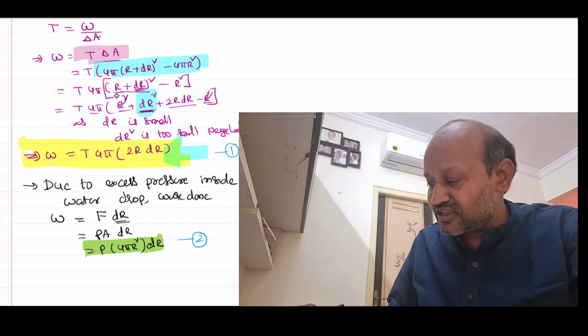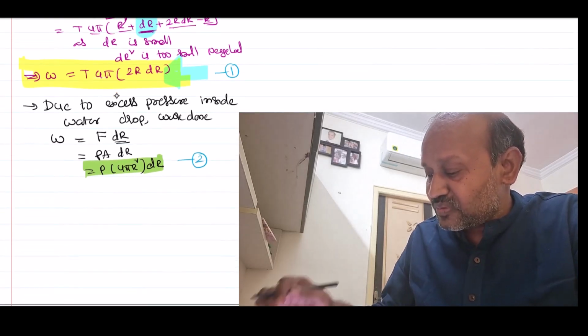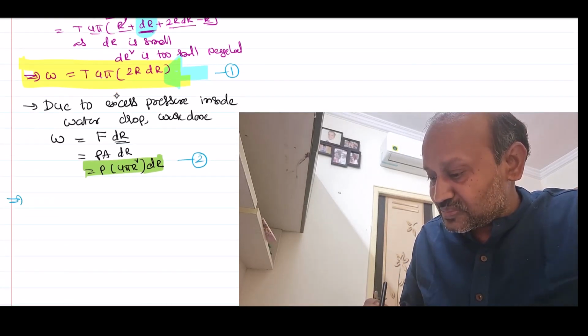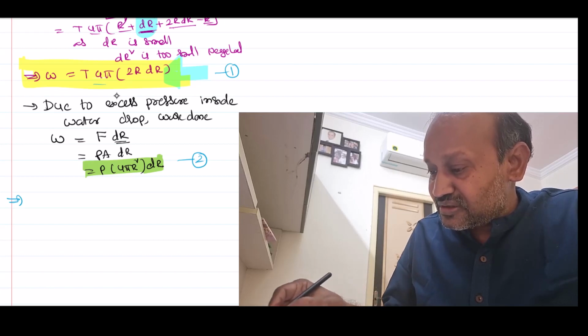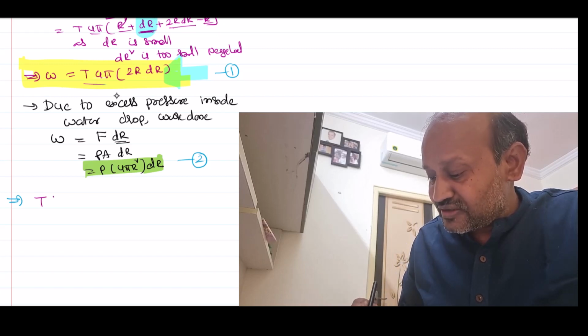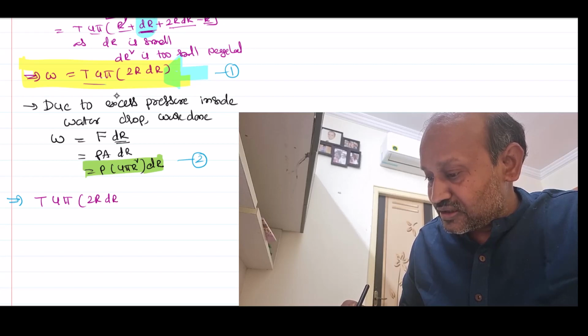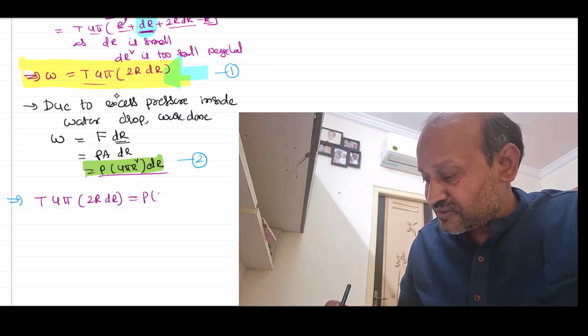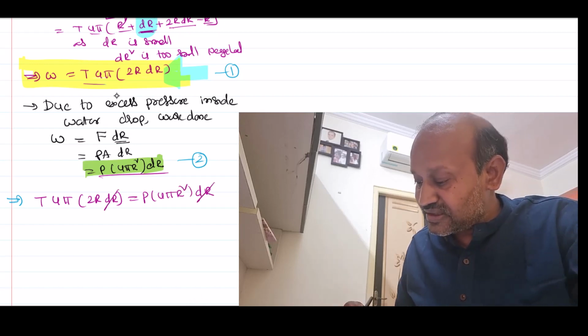Let's do that. Equation number 1 with equation number 2: surface tension into 4 pi into 2r dr must be equal to excess pressure into 4 pi r square dr. So this dr and this dr can be cancelled.